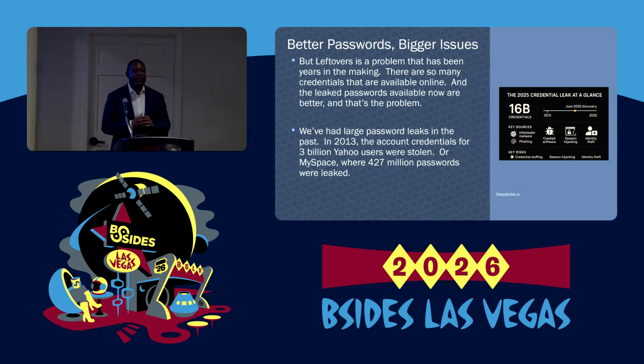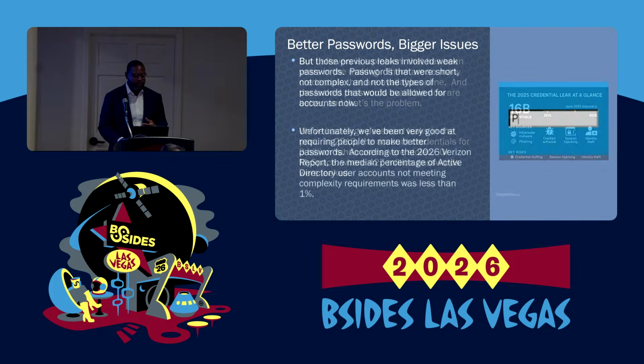A lot of them wouldn't be passwords that you would be able to use to open up an account right now, because they don't meet the requirement for complexity, for length, for a number of different factors. But now the passwords that are available online are better passwords. They're the type of passwords that you would be able to use right now to set up an account.